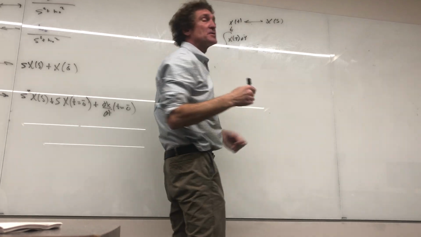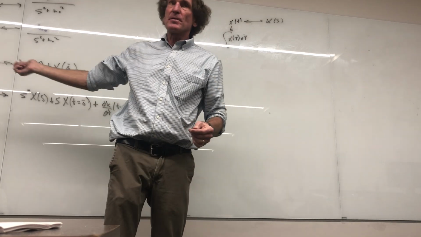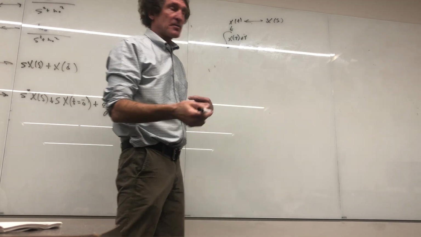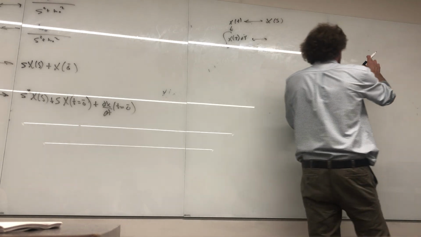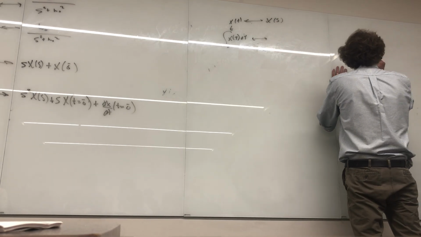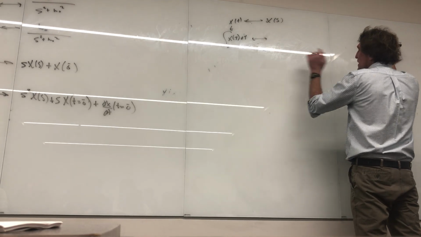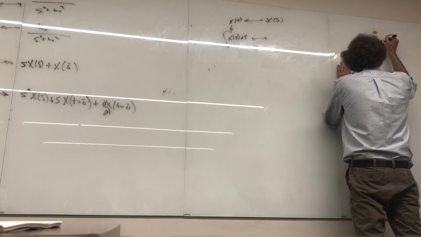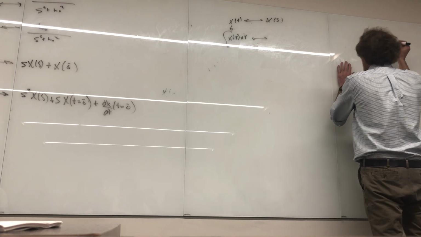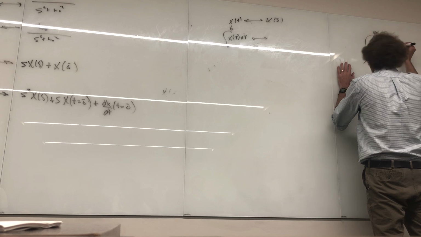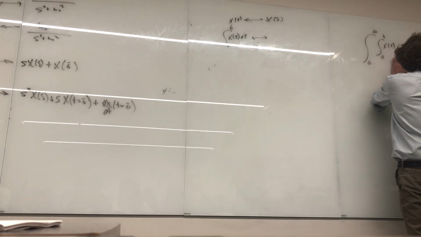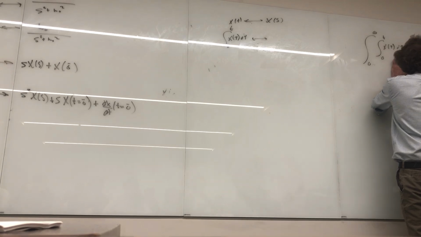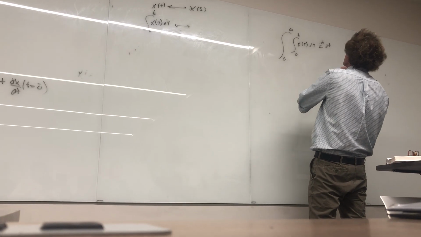It's really the integration of x of t. Before we did differentiation. This is the opposite, it's integration. And we want to know what happens here. Well, come over and use the fundamental definition of the integral from 0 to infinity of the integral from 0 to t of x of tau d tau, and then we take times e to the minus st dt as such. I think I've got everything right.